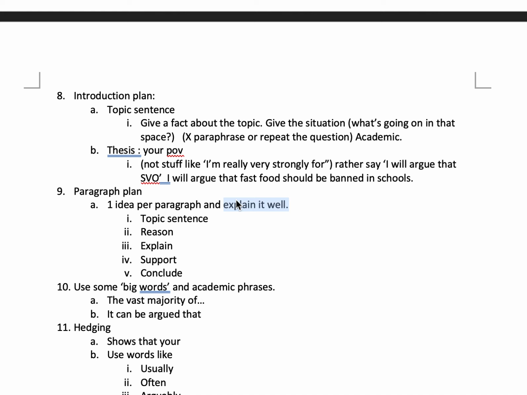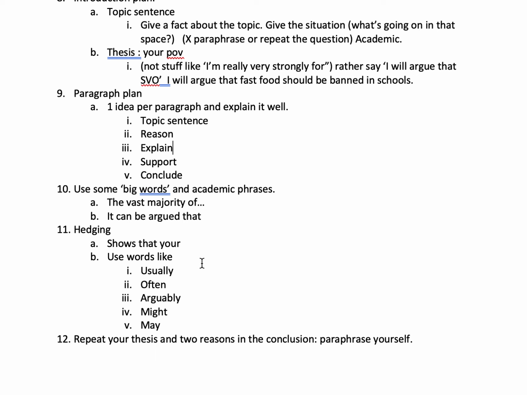And super important, if you check on the band descriptors, it says explain. You need to explain. And if you follow this structure, it's easier, faster, and you will explain and get a higher mark. So again, you have a topic sentence, same thing as the introduction, just focusing on this particular idea.